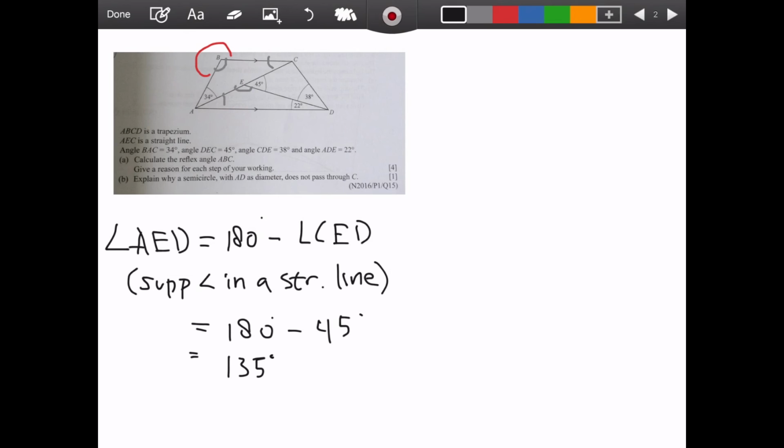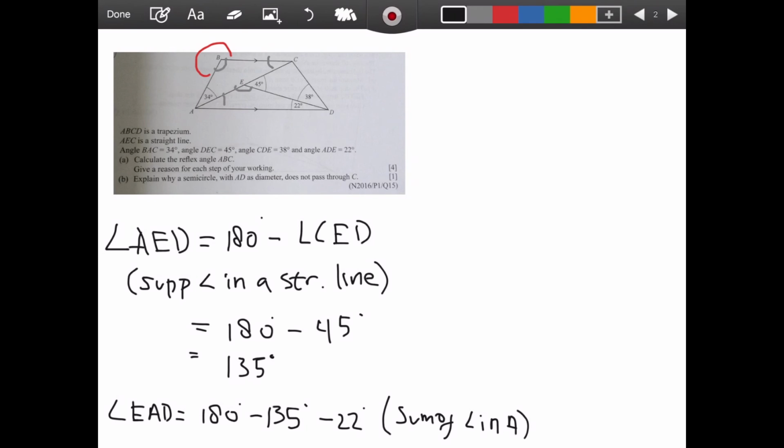Now let's find out what angle EAD is. The angle EAD is equal to 180 degrees minus 135 degrees minus 22 degrees, and this is just the sum of angles in a triangle, right? So EAD is equal to 180 minus 135 minus 22, which is 23 degrees.